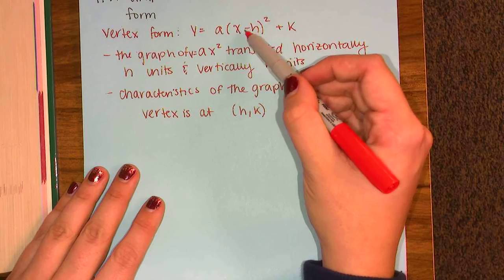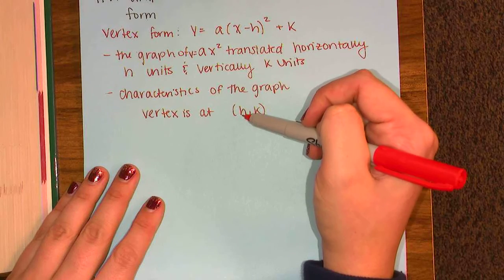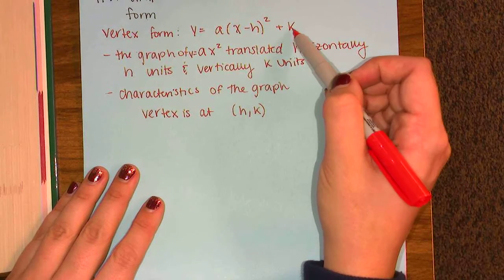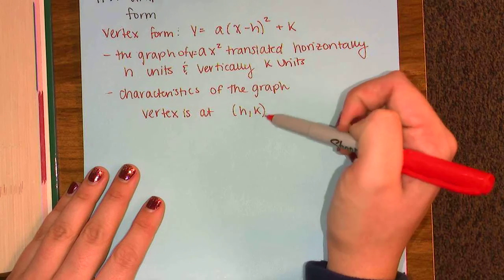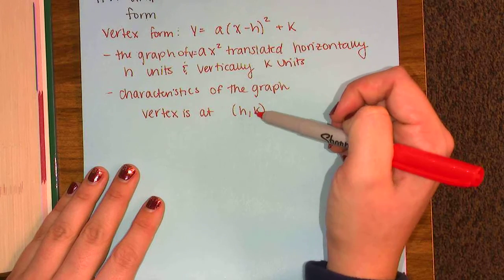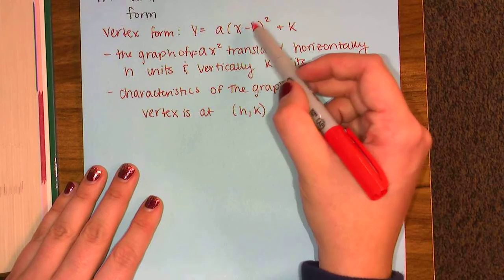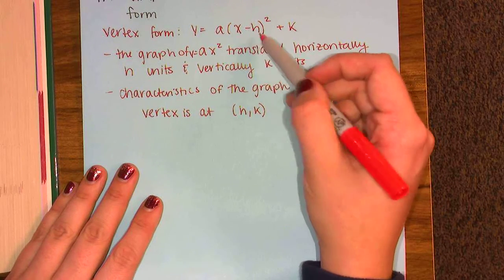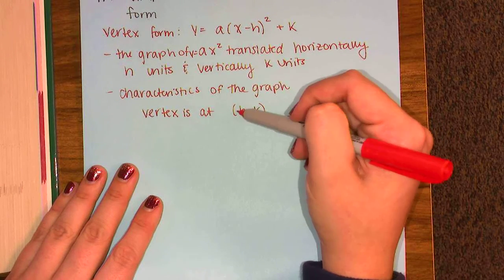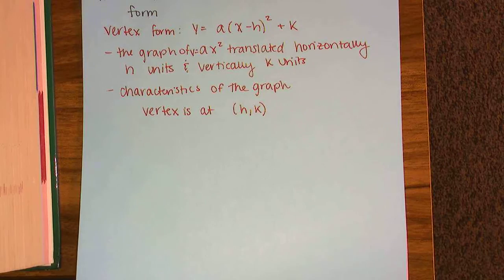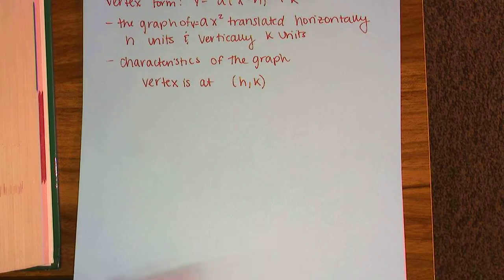Up here it is whatever the sign is, but h is the opposite of the sign. Basically, if this was a positive sign, you'd put a negative here. But when we do examples, it'll make a lot more sense.